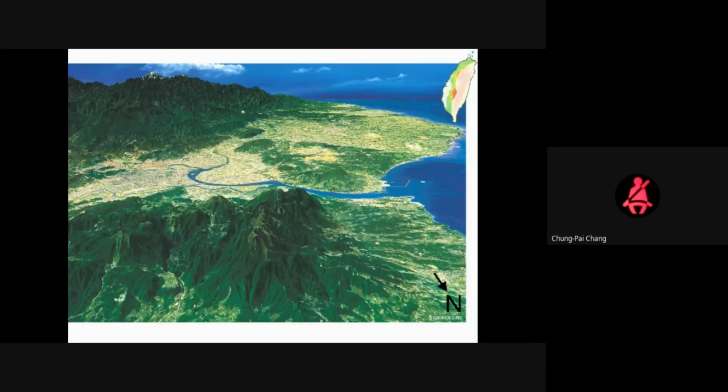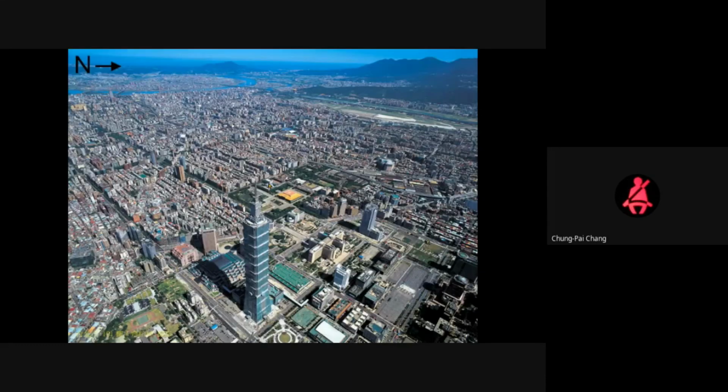So let's come back to see the topography of the Taipei Basin. We look from the north toward the south. So it's a volcano, and this is the Linkou tableland, and this is the basin. It's triangular in shape. Right now it's covered by buildings, and it's the most important economic center.